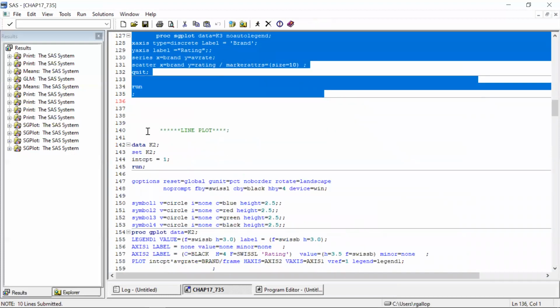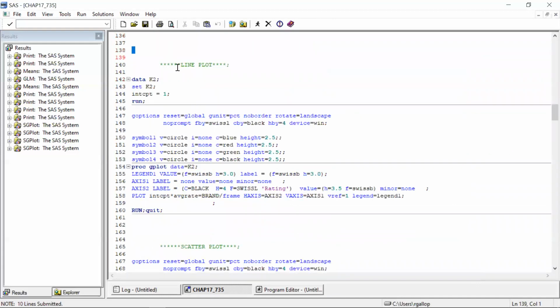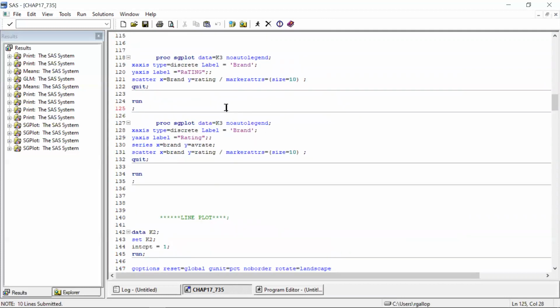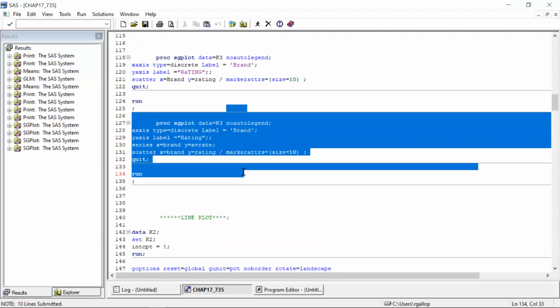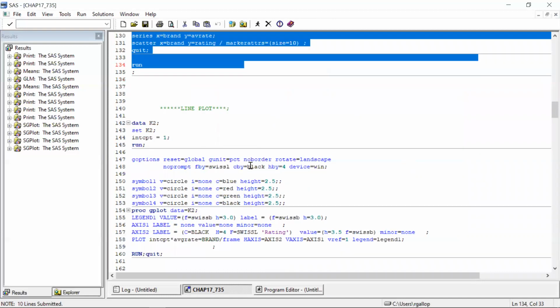The book talks about a line plot. I'm going to show you guys how to do this in SAS G-plot instead of SG plot. In SG plot, the coding's a little bit more simplistic. The G plot has a lot of nice graphics, but the coding is a little bit more clunky, right?